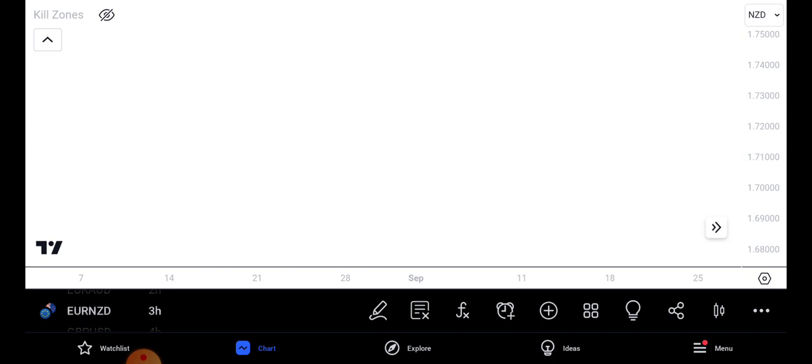We have the equal high liquidity, the equal low liquidity, and the trend line liquidity. I'll be showing you how the market creates each of them.